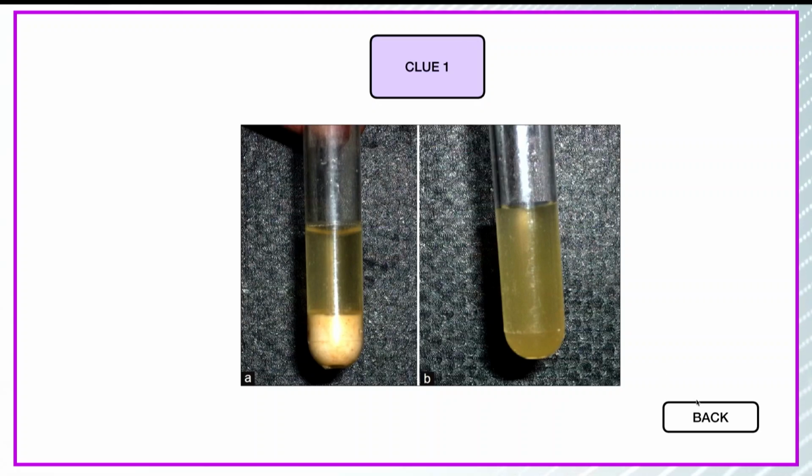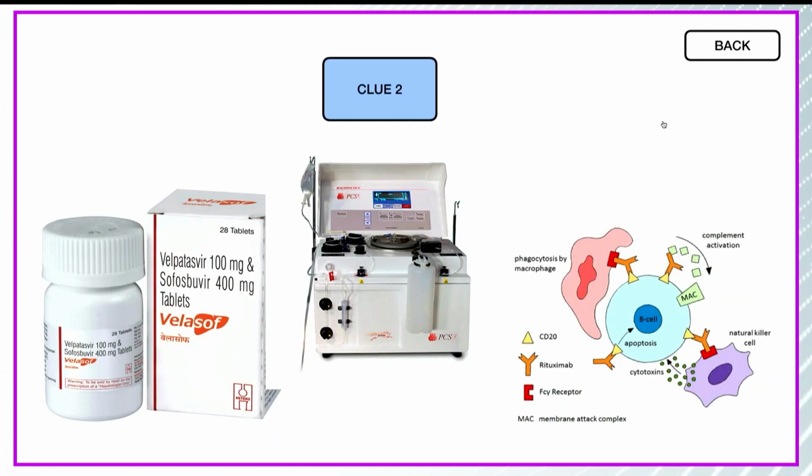This is the formation of a cryogrit. So this is how we test for cryoglobulins. This is a treatment for cryoglobulinemia vasculitis with treatment of HCV and rituximab with plex.